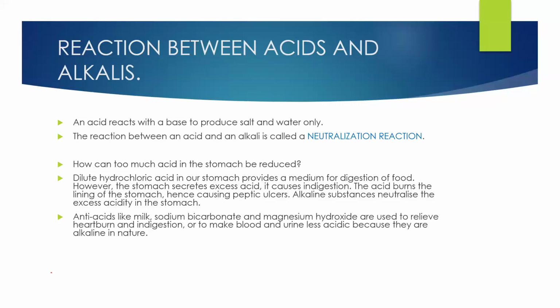So you realize that it is able to neutralize because the reaction between the acid and the antacid is able to create a neutral kind of atmosphere in your body. They are used to relieve heartburn and indigestion, or to make blood and urine less acidic because they are alkaline in nature. So it's important for you to have those at the back of your mind.